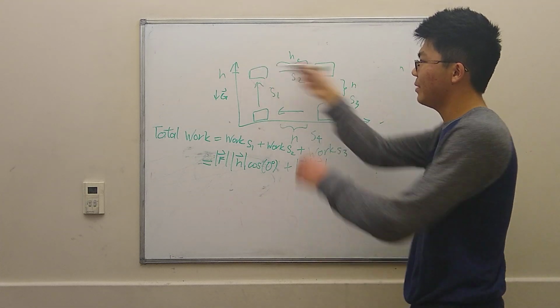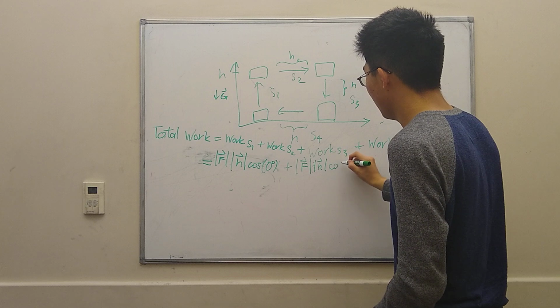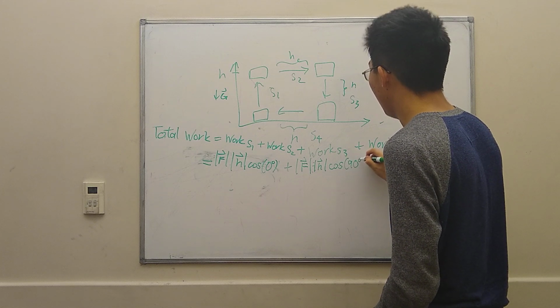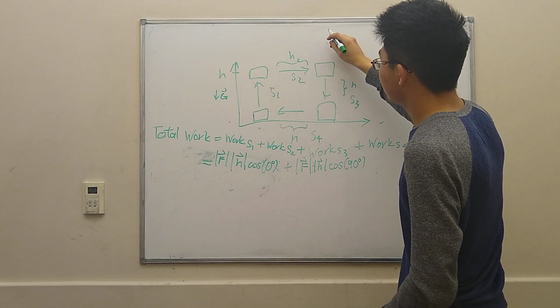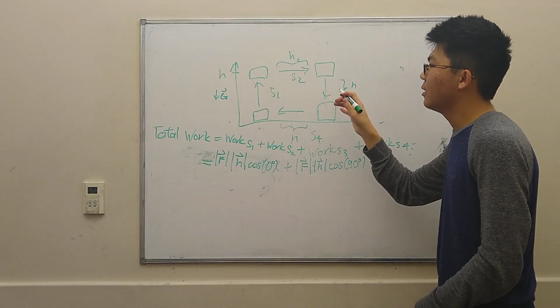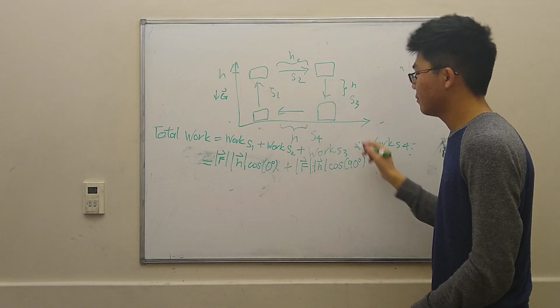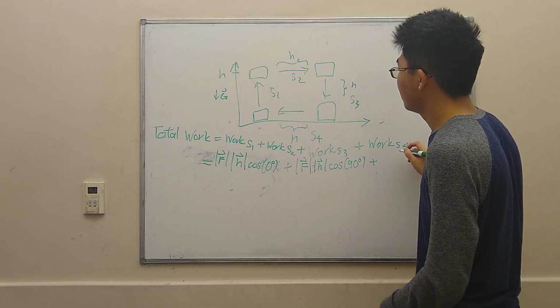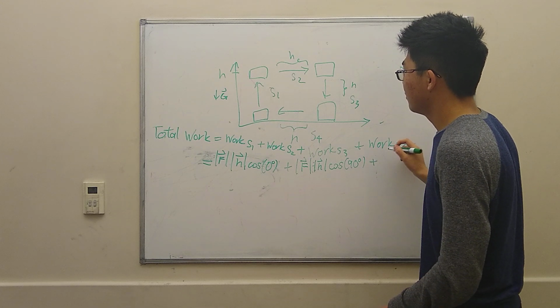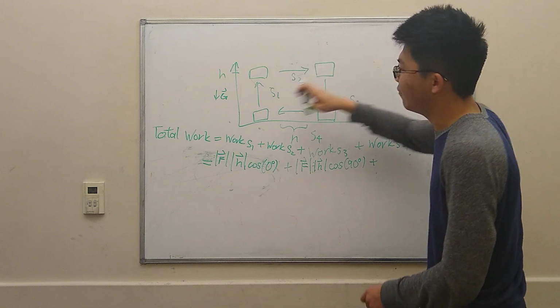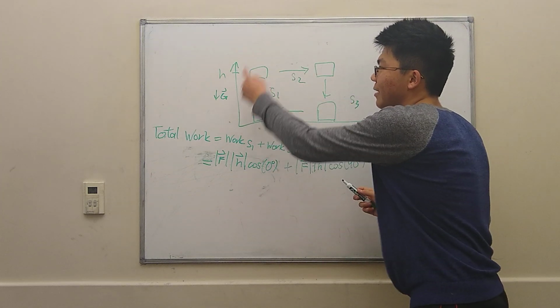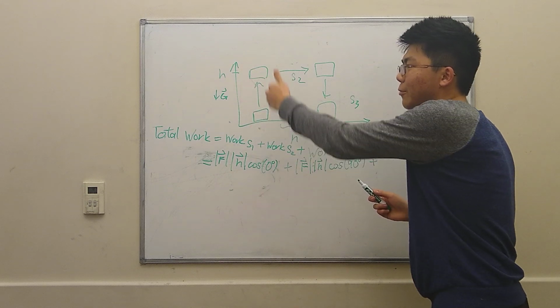For S2, again, we're applying a force, but this time it's this way. However, the h vector actually doesn't apply here. We're only concerned about the direction of the h vector, that we're going upward.